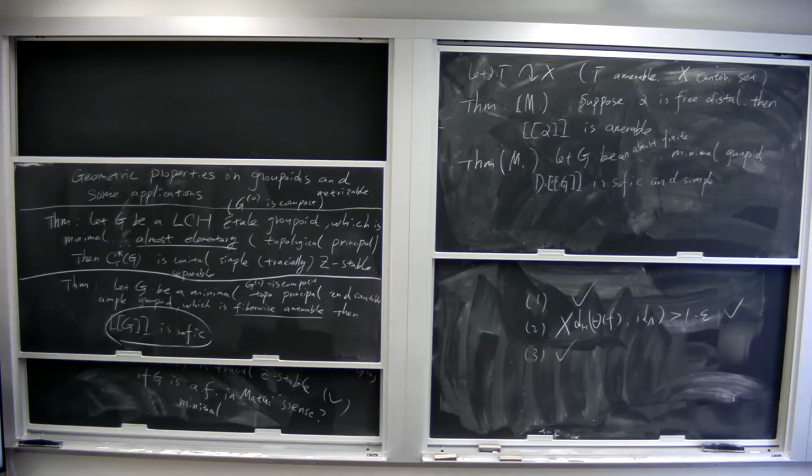In this case you can replace minimal by distal, because distal just means you can decompose your space into finitely many pieces, each piece being minimal. Then you just combine finitely many of these diagonal products, and you'll be fine.